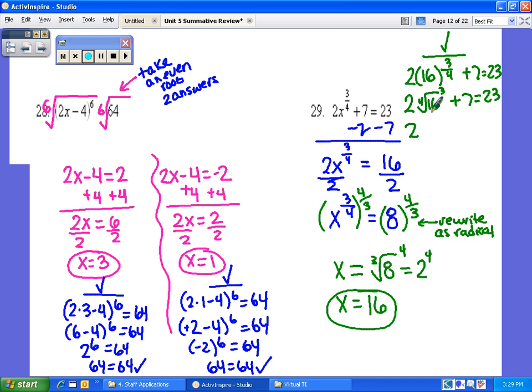The 4th root of 16 is 2. And 2 cubed is 8. Two times 8 is 16. And 16 plus 7 is 23. So it checks out.